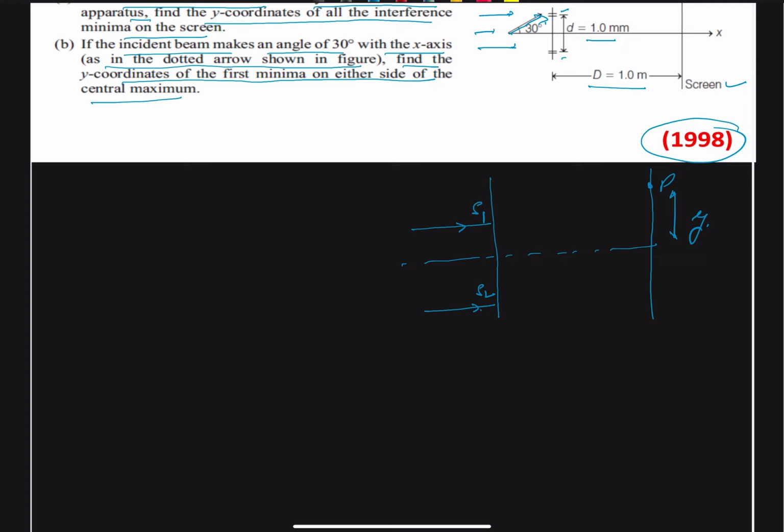And obviously there will be some phase difference, path difference because of this. From the center also we can just draw it, and this will be our path difference. And if theta is the angle, we can say this distance or difference will be d sine theta.